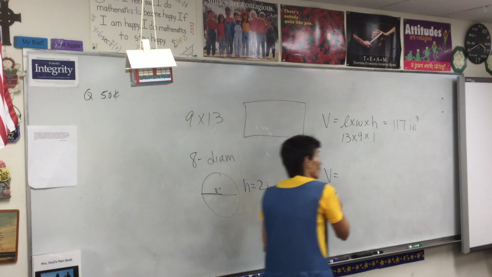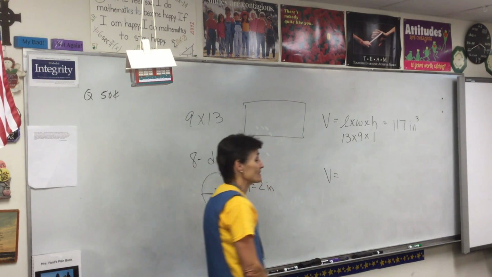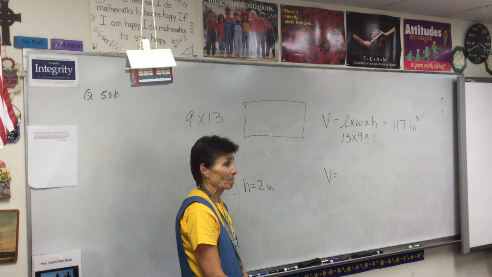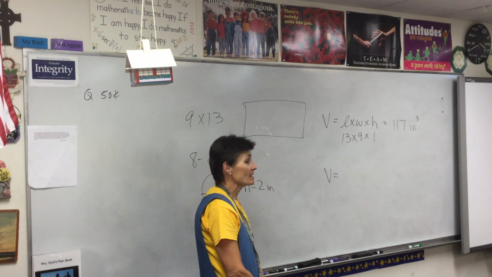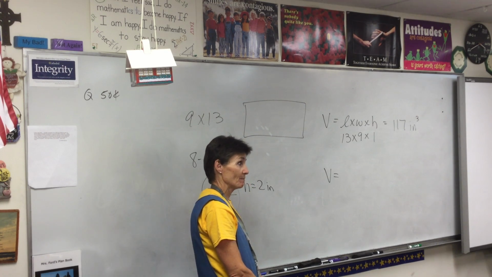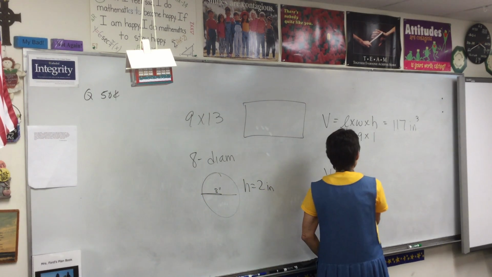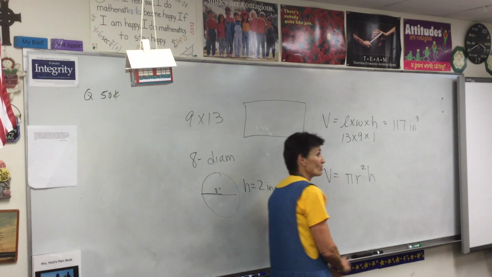Anybody remember the formula for the volume of a cylinder? Okay, somebody said 1/3 something. That would be for a cone. Yep, it's pi r squared h.